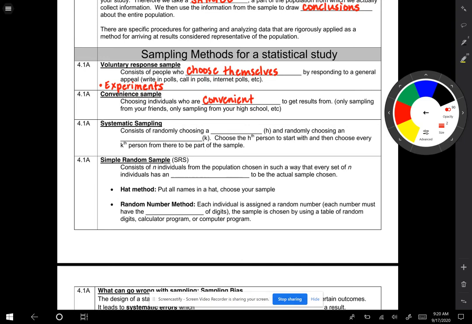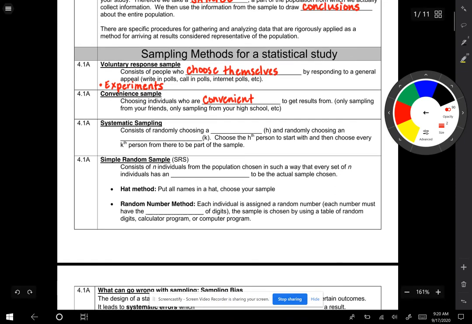Next one is systematic sampling. This consists of randomly choosing a starting value, and let's call that starting value H, and then randomly choosing an interval, K. Choose the Hth person to start with, and then choose every Kth person from there to be part of the sample.